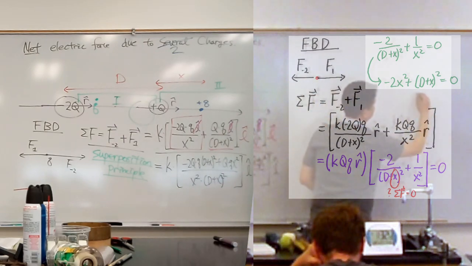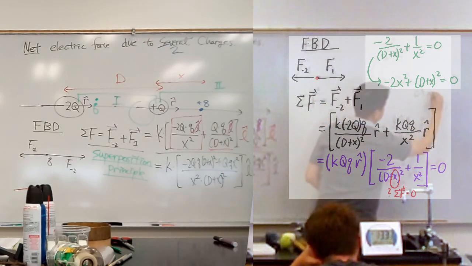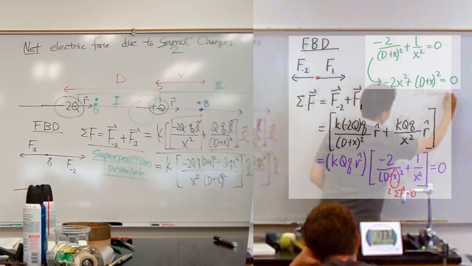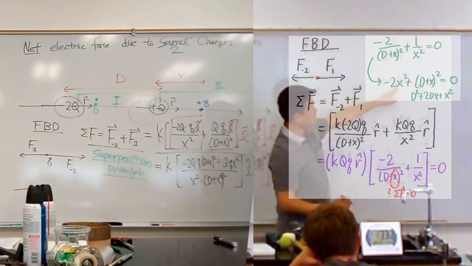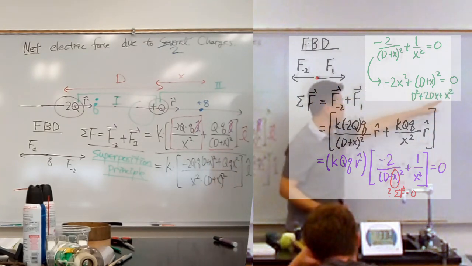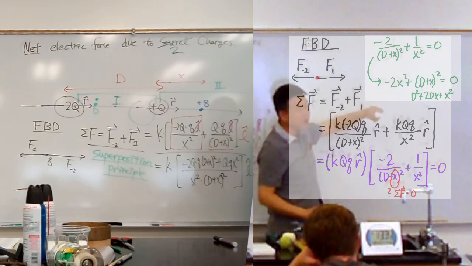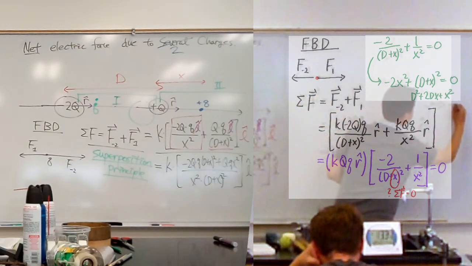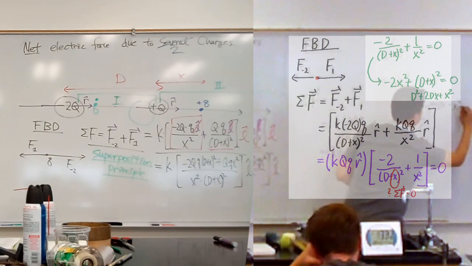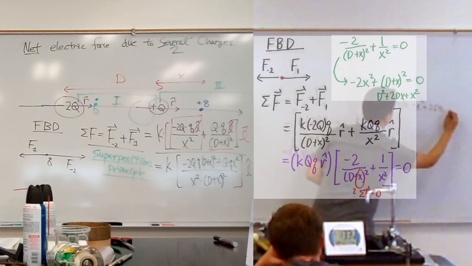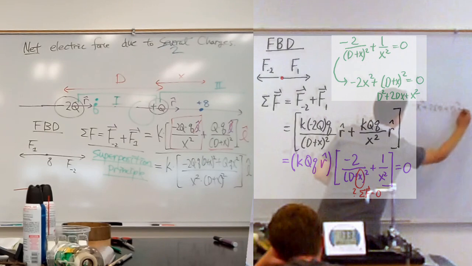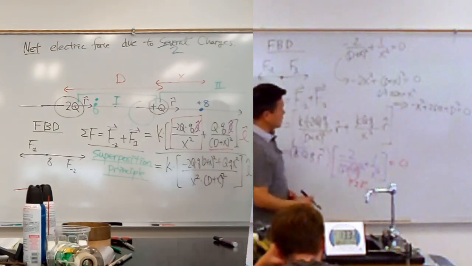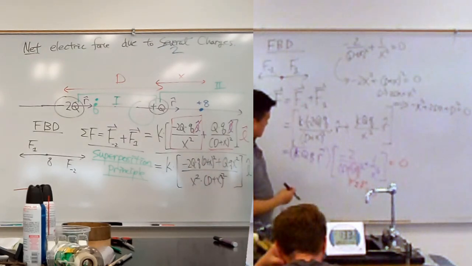Expand this out, you get d squared plus 2dx plus x squared minus 2x squared, so these two partially cancel out, to give you minus x squared plus 2dx plus d squared is equal to 0. Does this simplify more?